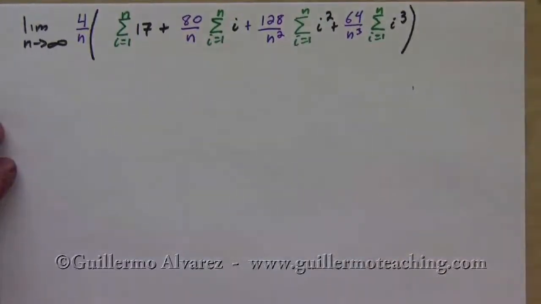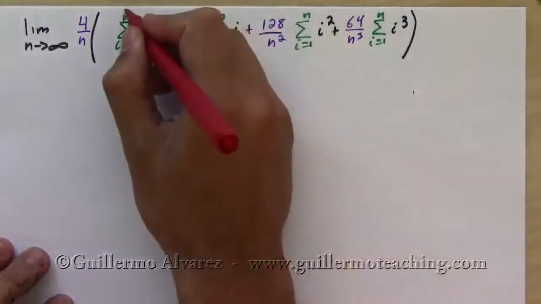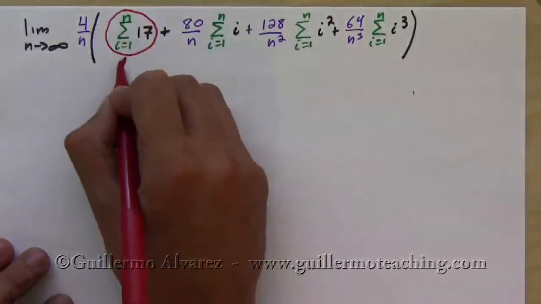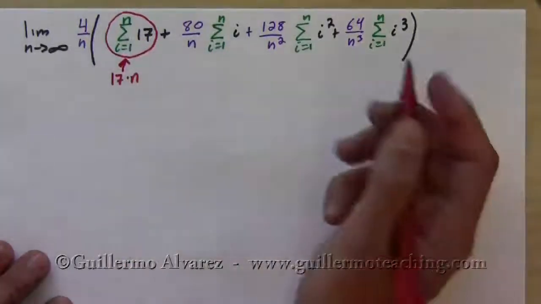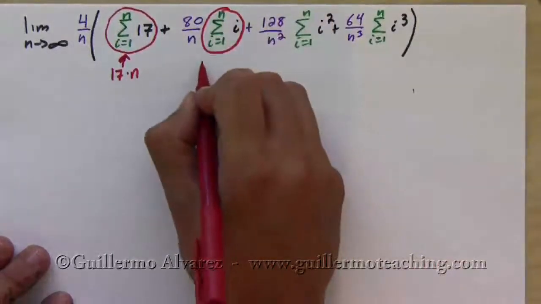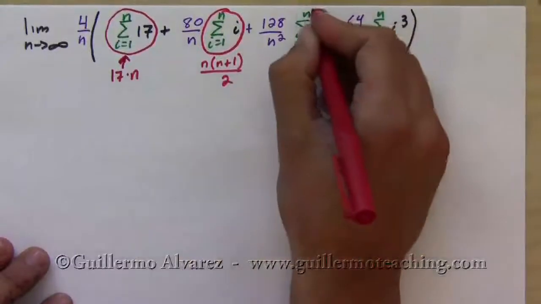Okay, now what I know is that I have my formulas. I know what each of these sums is based on my formulas. This one is just 17 times n, because 17 is a constant. This one is n times n plus 1 over 2.